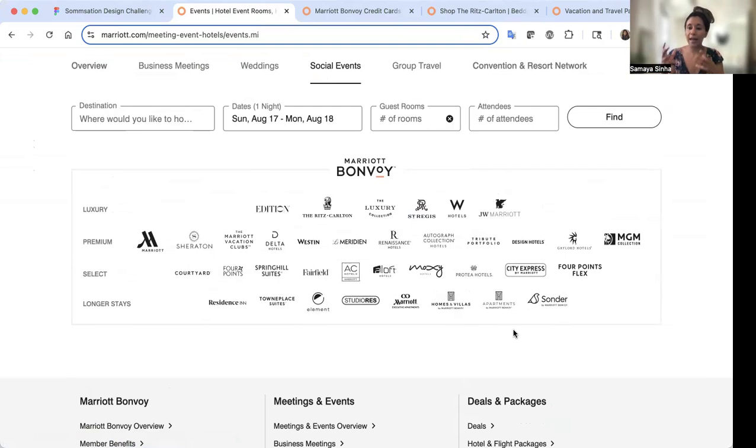So how do we create that tier system where a loyal Marriott member becomes accustomed to this point system, is using their points and working their way up in the point system to get to some of those luxury experiences and those sought after Ritz-Carlton travel experiences and luxury vacations. So that's something I still need to think about, and gain more context about, before I create a thoughtful landing page or homepage.